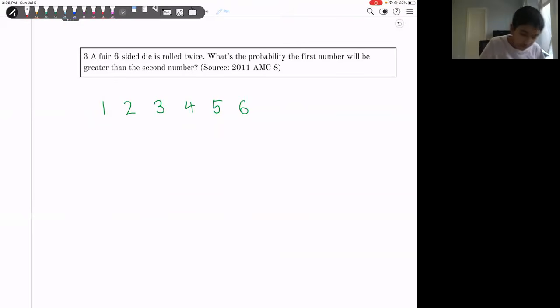So what happens when you choose any 2 numbers? Let's say we choose 1 and 3. Then in order to have something that works, we must have that the 3 is the first number because it has to be greater than the second number. So this has to be the second number.